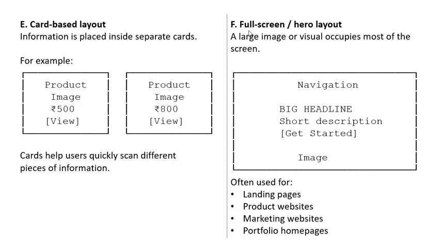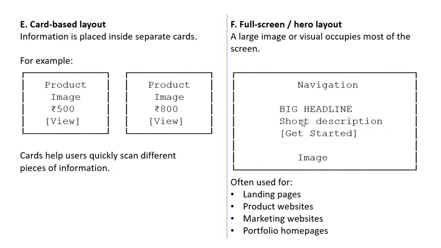And sixth is the full screen or hero layout. A large image or visual occupies most of the screen, with navigation, big headlines, short descriptions, and a get started button over the image, and scrolling inside horizontally.